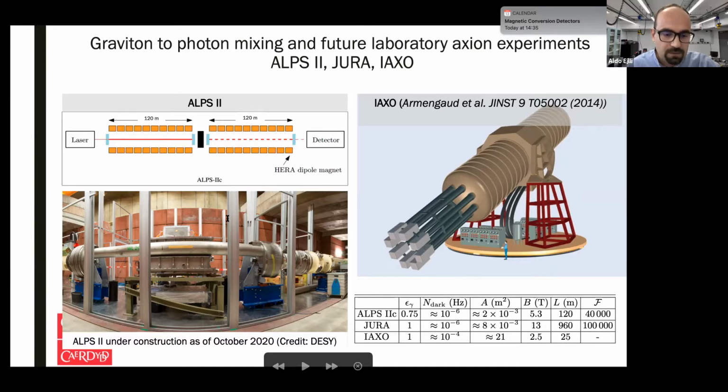As I said, they use arrays of magnets, 120 meter magnets for generation of axions and 120 meter magnets for reconversion of these axions. And they use a Fabry-Perot cavity. Instead, IAXO will have also a higher field and a higher cross section for looking at solar axions from the sun.